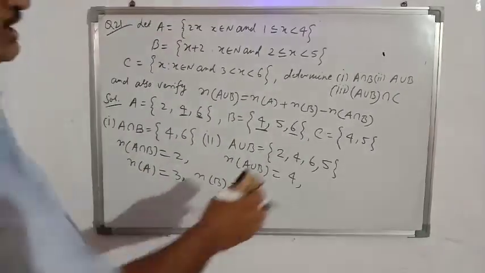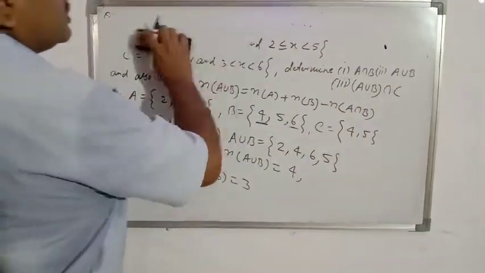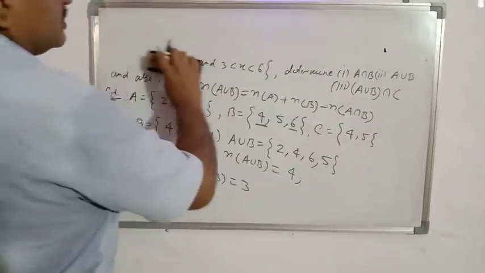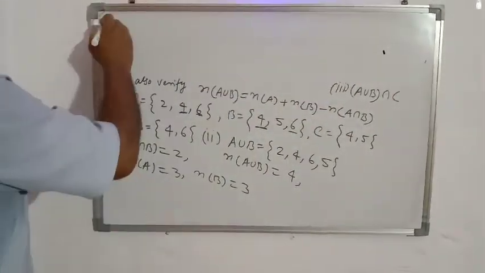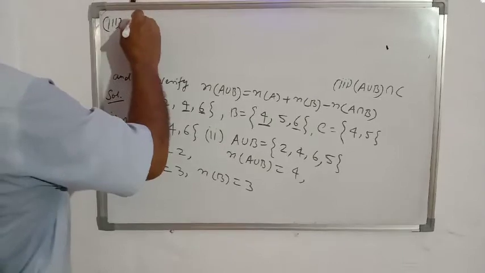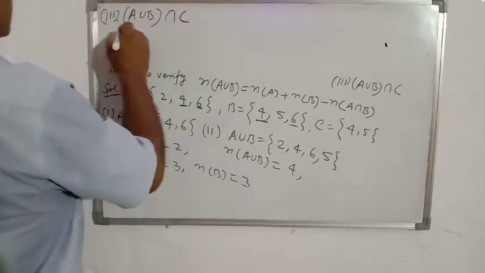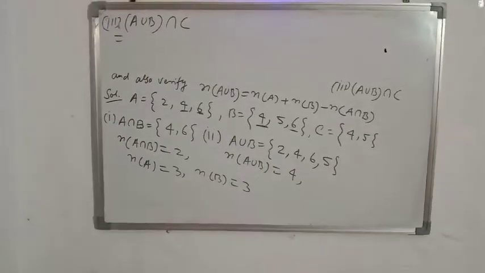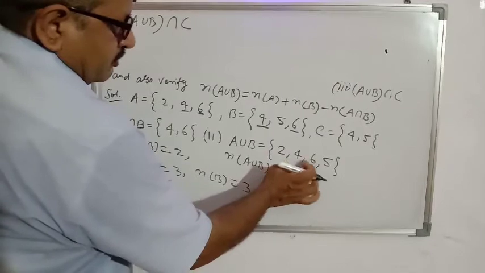Now we have to find the third part, A union B intersection C. So write the third part, A union B intersection C. So I have found here A union B is what? 2, 4, 6, 5.